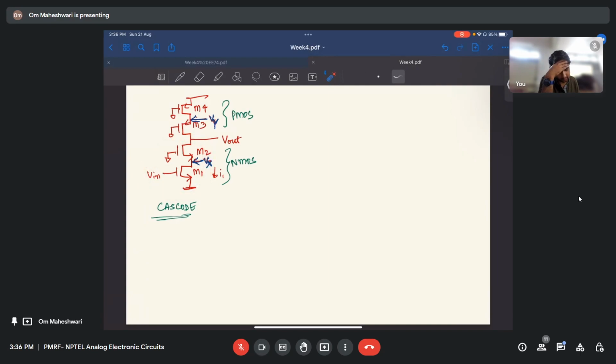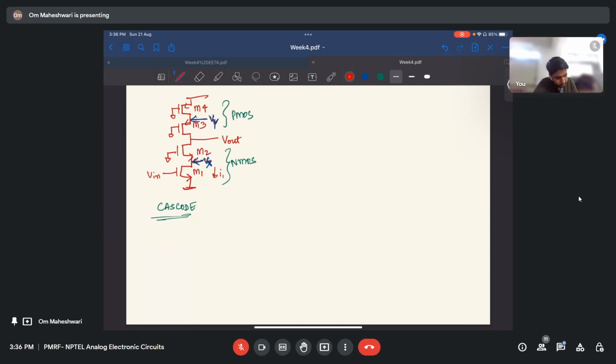What it does is it increases the impedance here. Gain is GM Z out, right? So by adding these 2 transistors in series, Z out increases by a lot. Anyway, so let us find out the gain.